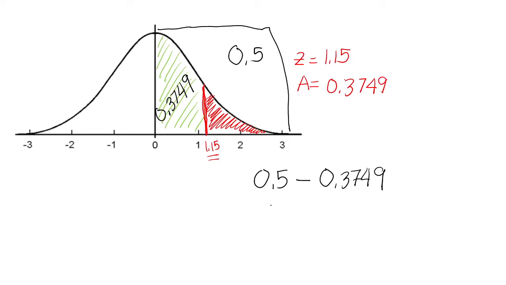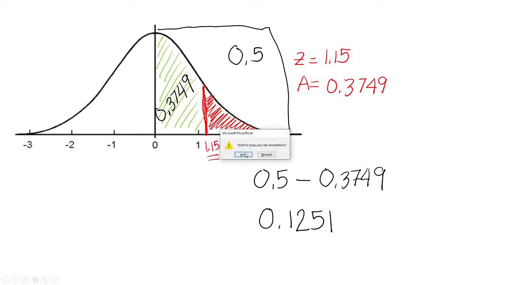What is 0.5 minus 0.3749? 0.1251. This is now the answer to our problem.